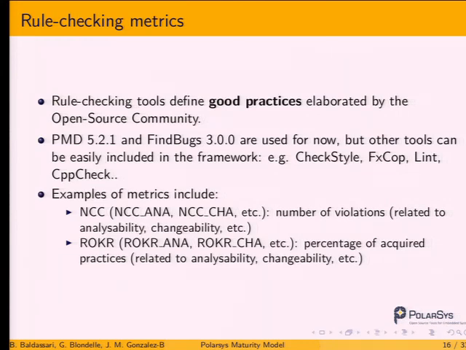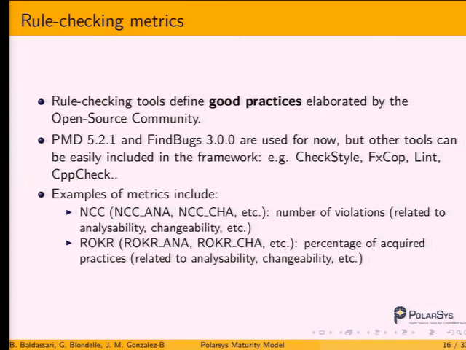Examples of metrics that we can get from that are the number of violations for the product. And more specifically, when we define one violation, then we say it impacts the analyzability or the reliability and so on, which means that we can say there are this number of violations that impact analyzability and so on.